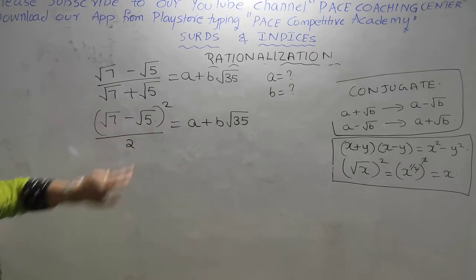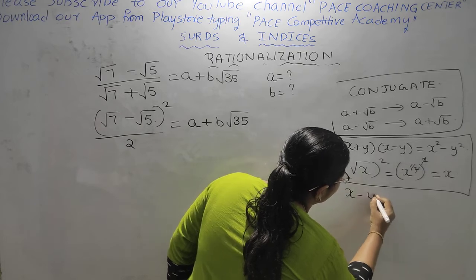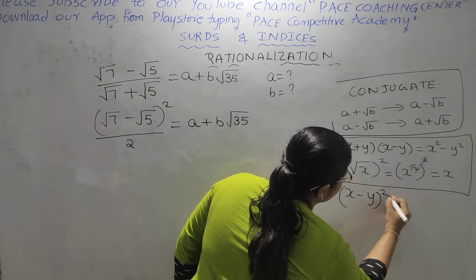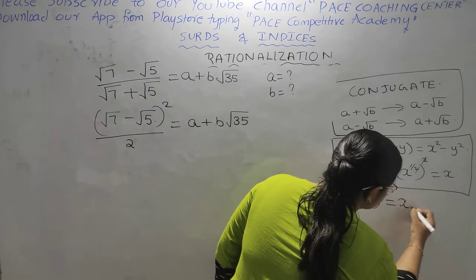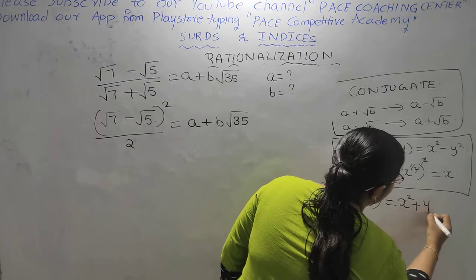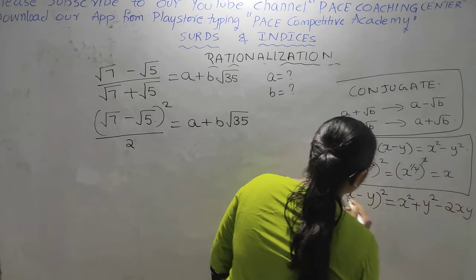So this is of the form x minus y whole square. X minus y whole square is nothing but x square plus y square minus 2 into x into y.